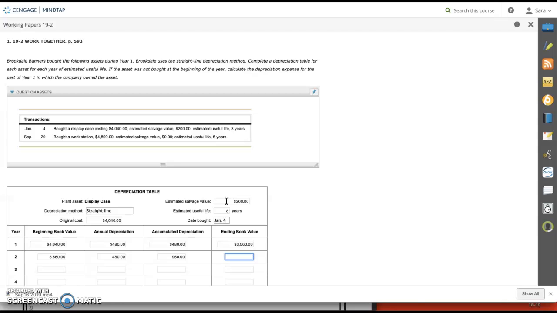And then our ending book value will be $3,560 minus $480, and we'll get $3,080. So we start out with $3,080, $480, and $960 plus another $480 equals $1,440.